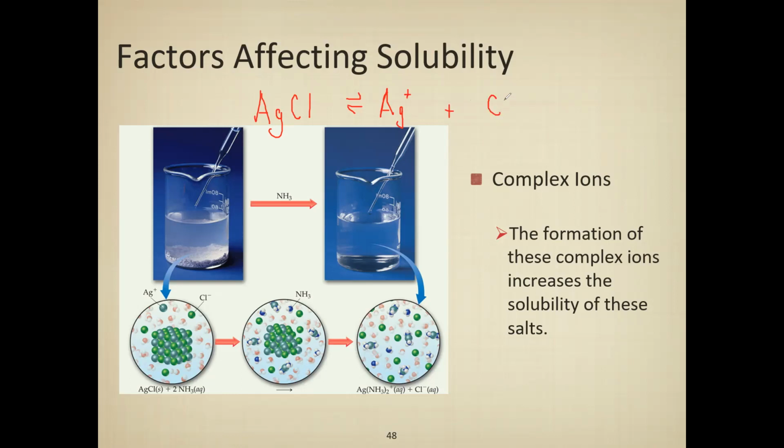So we're going to have this reaction occur when we dissolve silver chloride. Most of it's going to stay as the silver chloride, like I said. That's why we've only got a little bit of it dissociating here. But now if we mix it with ammonia, what we're going to see is the small amount of this ion that's present is going to complex with that ammonia.